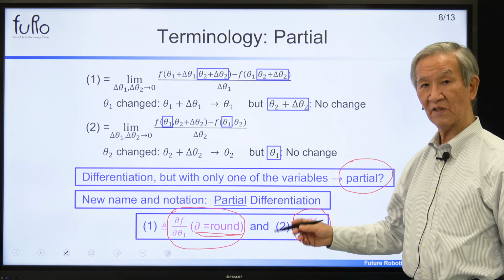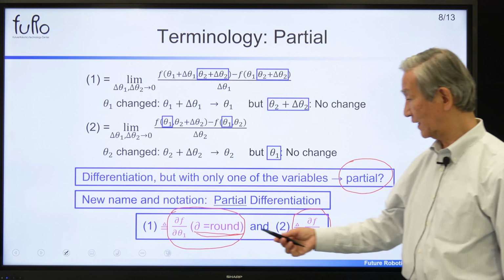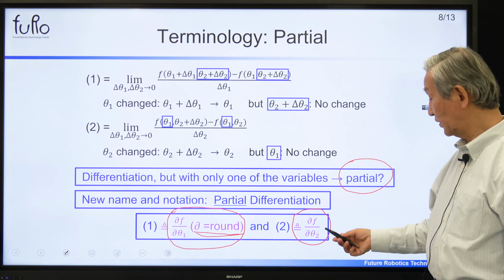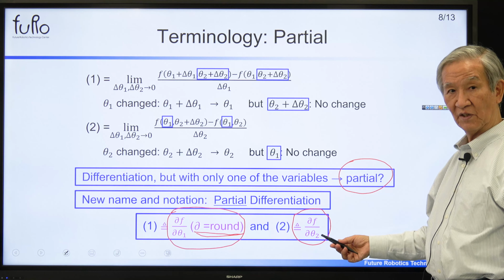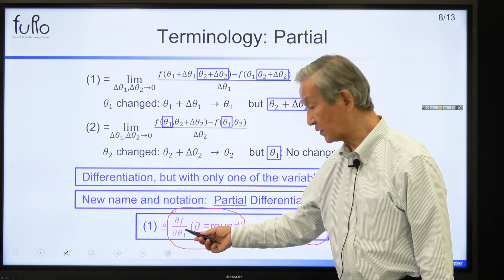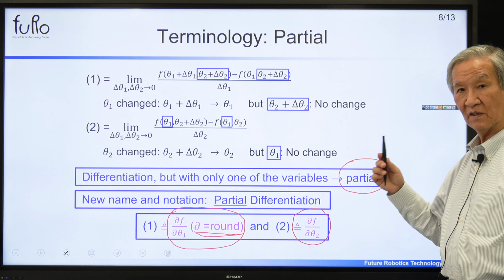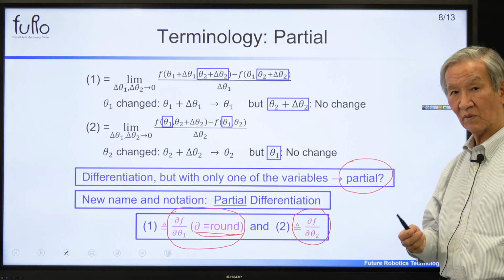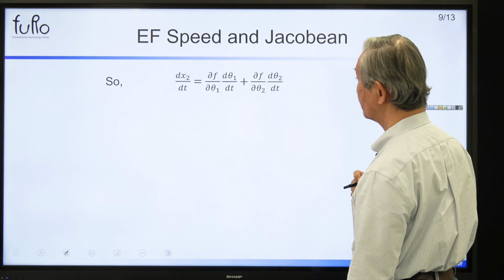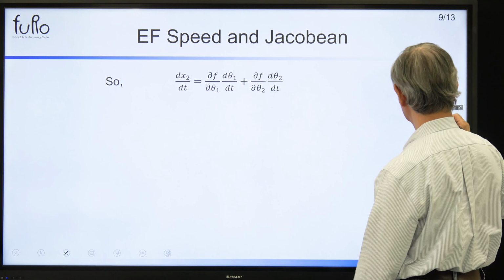Round f round theta 1 to show that only theta 1 was changed here, only theta 2 was changed here. So whatever variable comes down below here is the single variable which was changed. Okay, so using those notations, we have that.